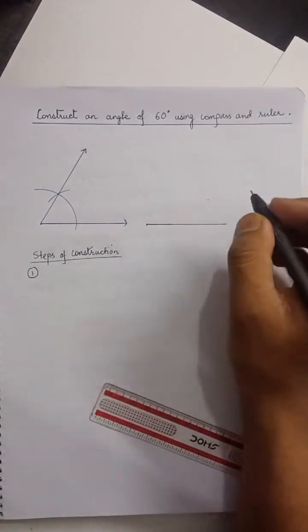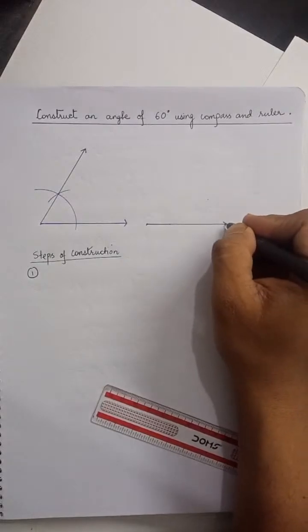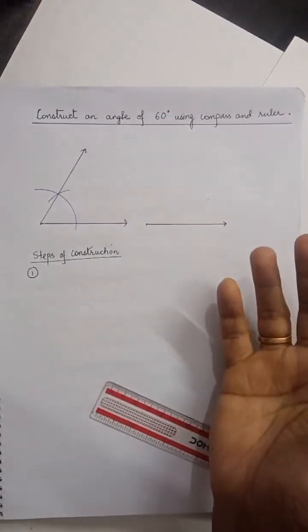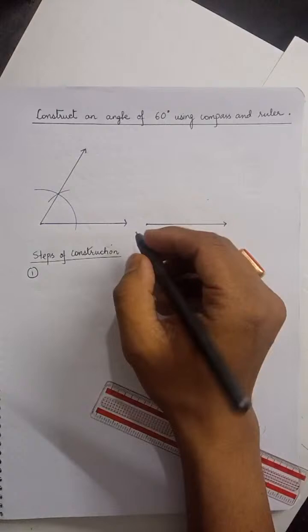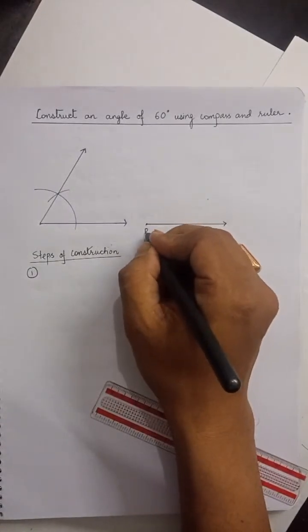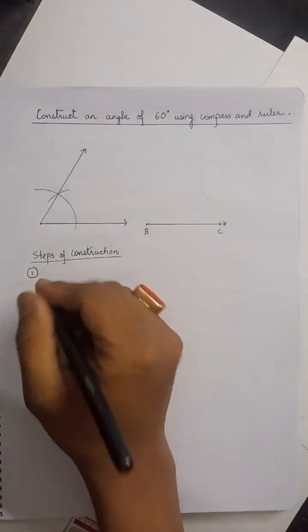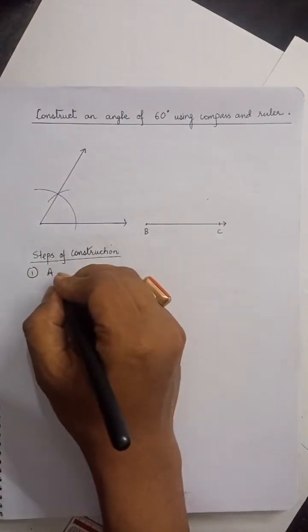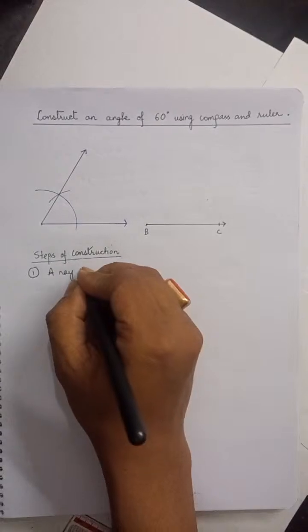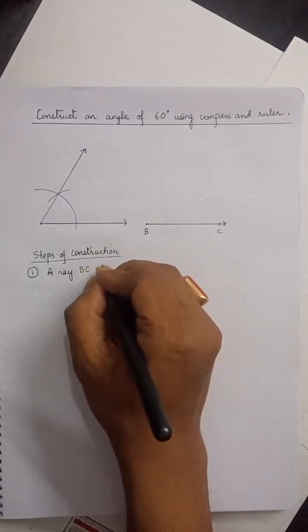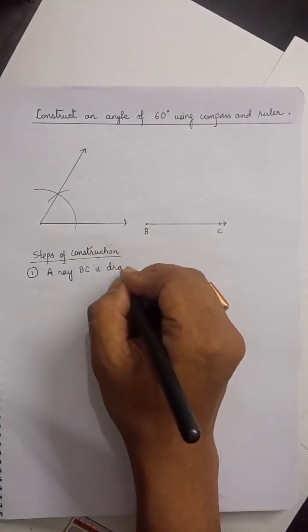Let me name it. I want the name of my angle to be ABC, so I will name the ray BC. My first step will be: ray BC is drawn.